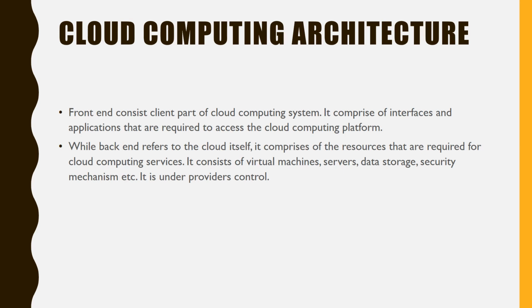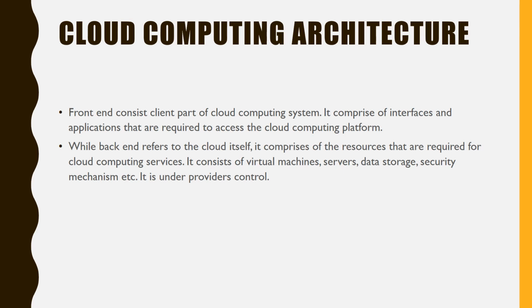So the front end only has an interface to connect to the cloud, but it does not have anything which can be stored locally on his machine, or is limited to only some of the information that can be stored locally on his computer.